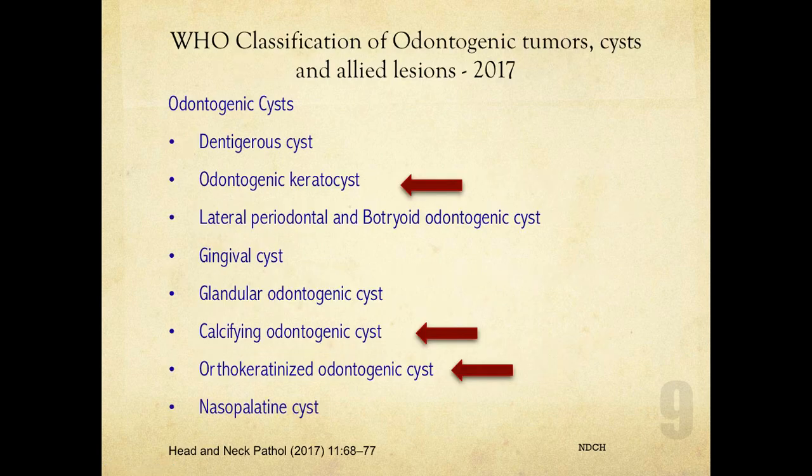But in the 2017 classification by WHO, it was revoked, and the parakeratinized odontogenic keratocyst was named as odontogenic keratocyst, the orthokeratinized odontogenic cyst remained as a separate entity, and the calcifying odontogenic cyst was again put back to odontogenic cysts.